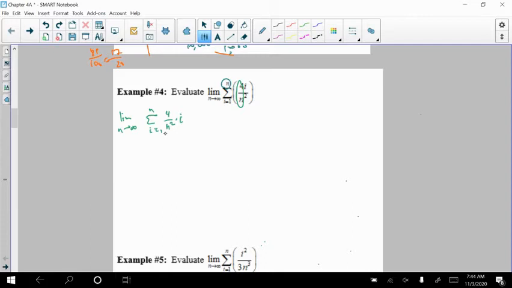So I'm going to pull this out in front. Now it becomes the limit as n goes to infinity of 4 over n squared times the sum from i equals 1 to n of just i.